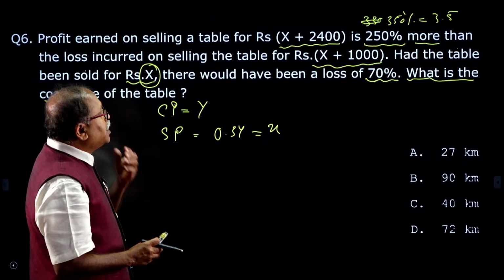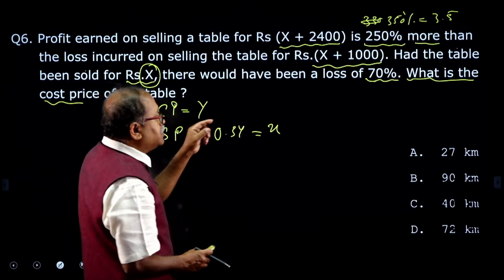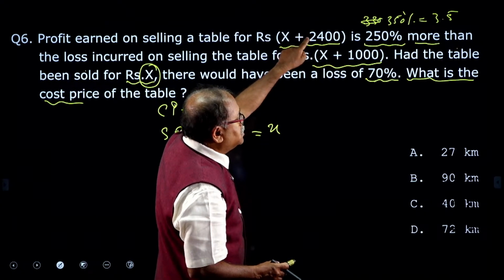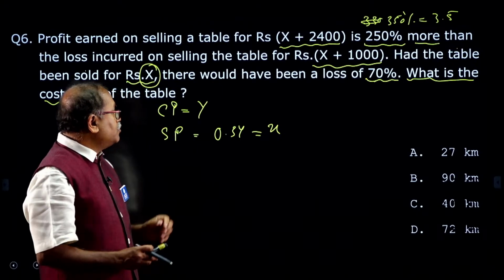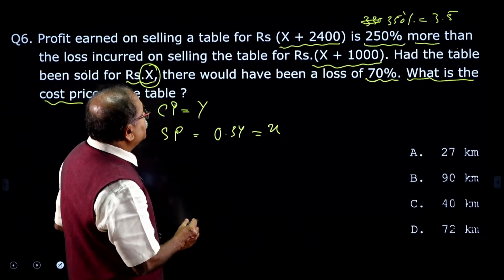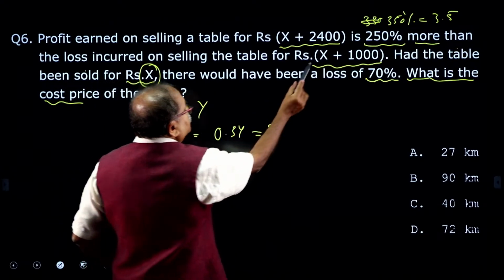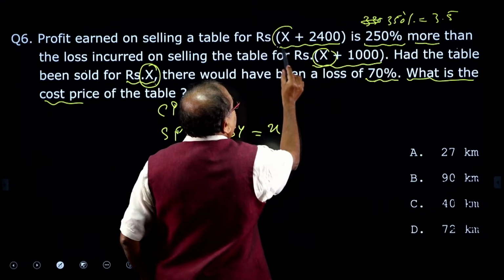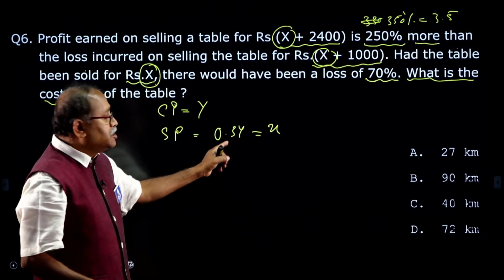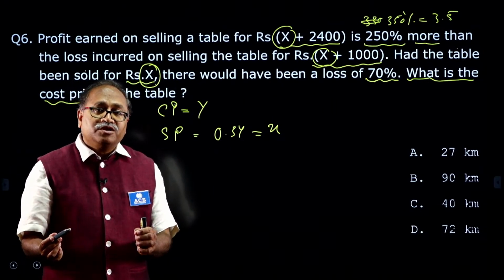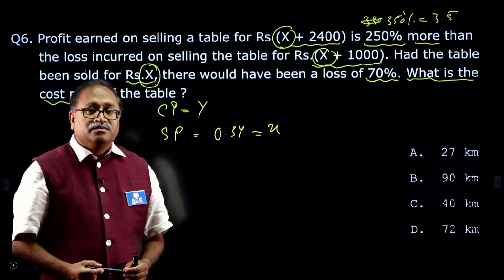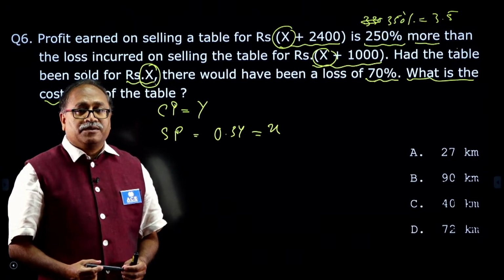Okay. You may ask, Narendra, why didn't you start with these values? Now, I am going to place this x and this x in the form of 0.3y. Now, it has become easy.